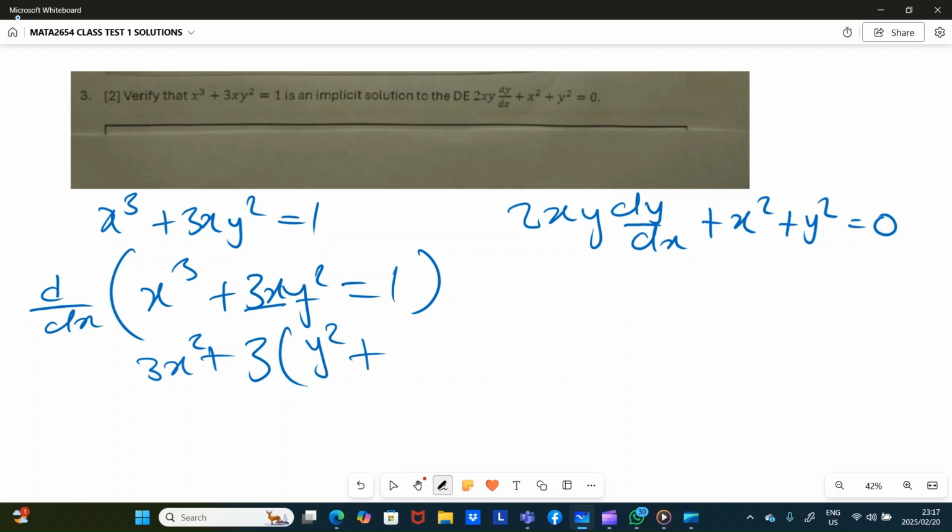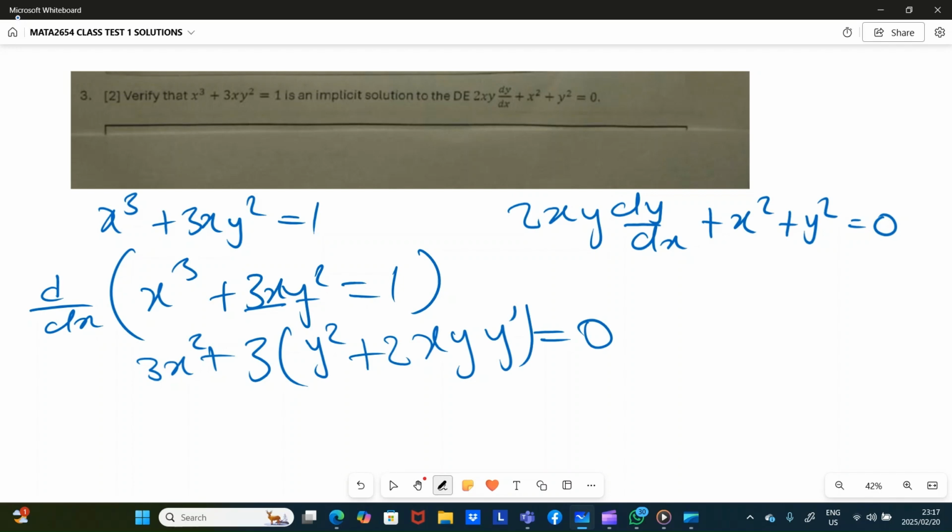Then plus, leaving x, we have x, then derive y squared, we get 2y. But then, we said that if we're deriving y, we have to keep y prime. So y prime is basically the same as dy by dx. If you don't want to write y prime, you can say dy by dx. It's one and the same thing. And the derivative of a constant is 0.